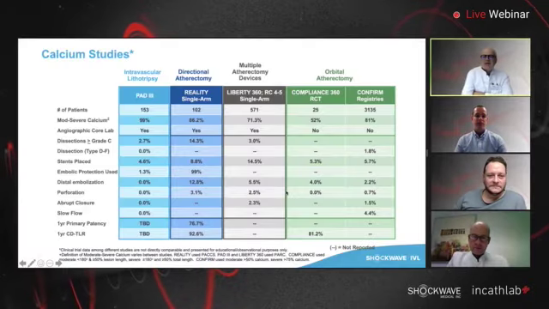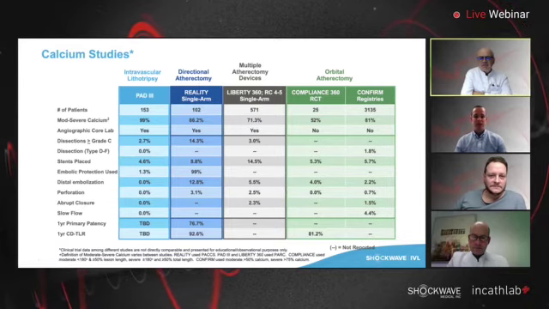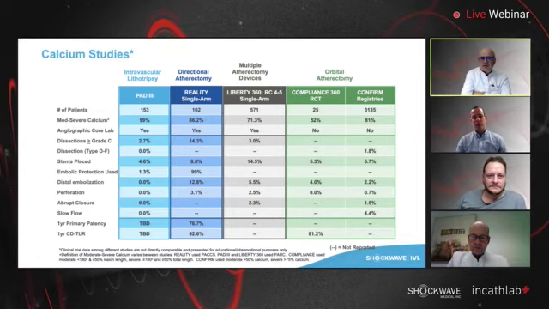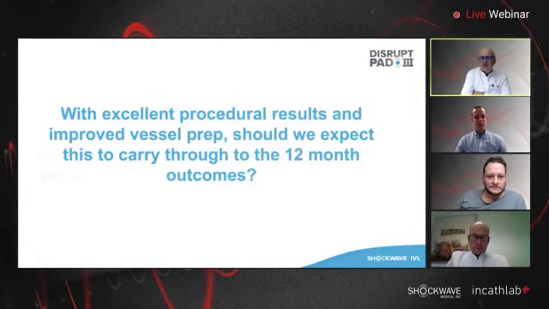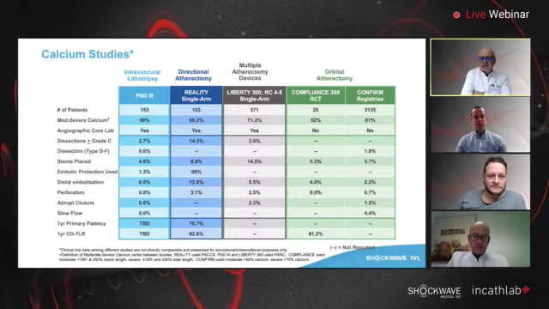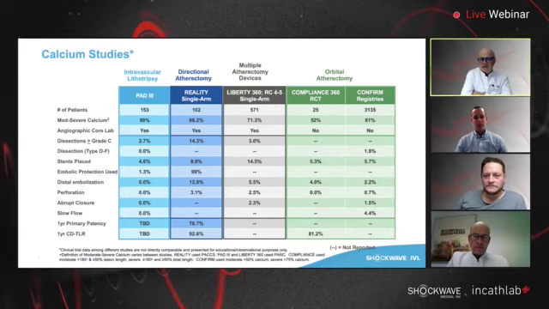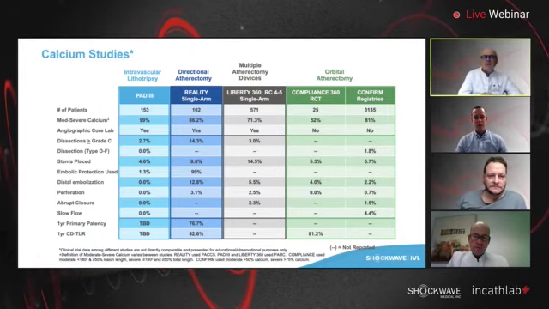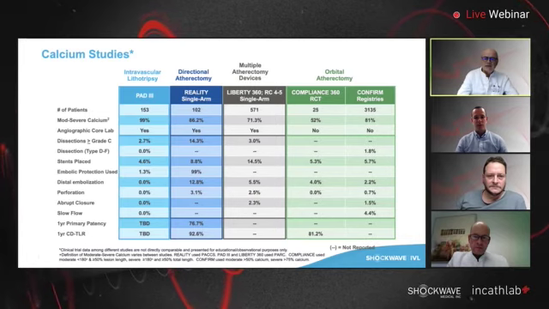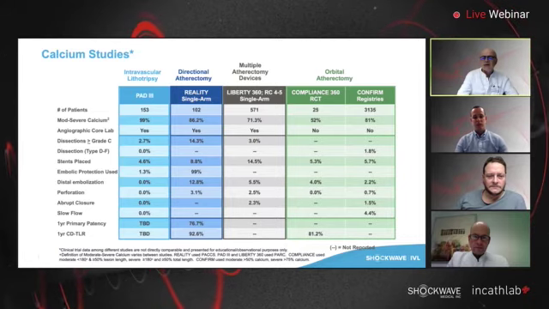Well, as already mentioned, basically we have not yet any study data comparing any kind of vessel preparation device against plain balloon angioplasty prior to DCB angioplasty. The only exception is the DEFINITIVE AR study. However, this study was not adequately sized regarding sample size, so it was underpowered, and we only found trends for a better outcome of atherectomy in less severely calcified lesions as enrolled into the PAD3 study.